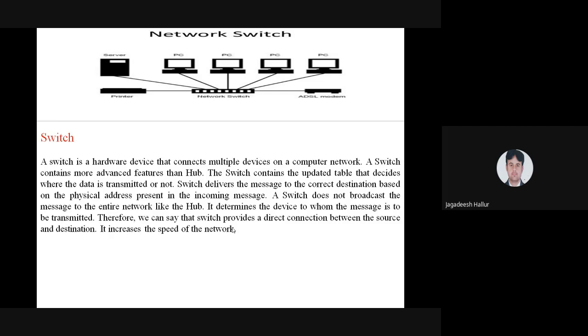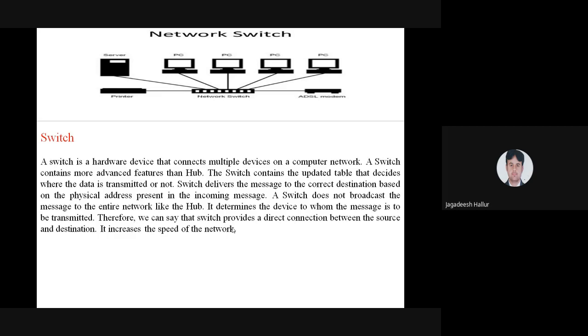Next time, once the memory table has been completed, the switch comes to know, if you want to send from PC1 to PC4, which port is connected to which PC. You have to send from port number 1 to port number 4.